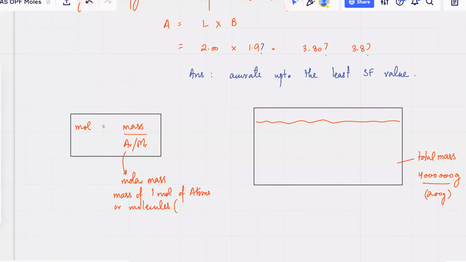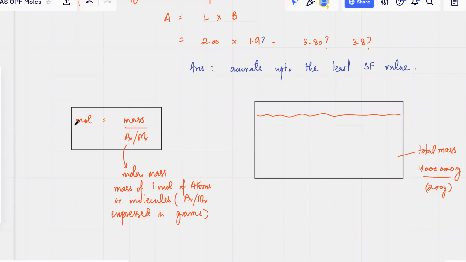That's your AR or MR expressed in grams.